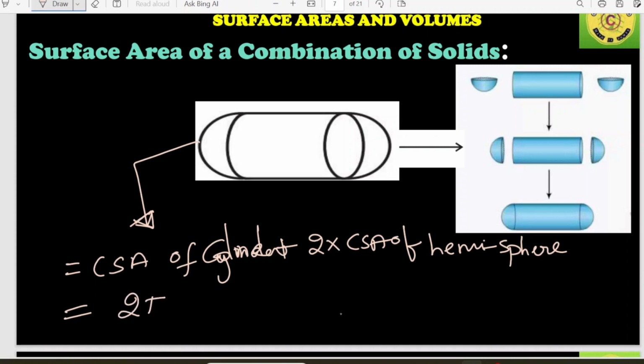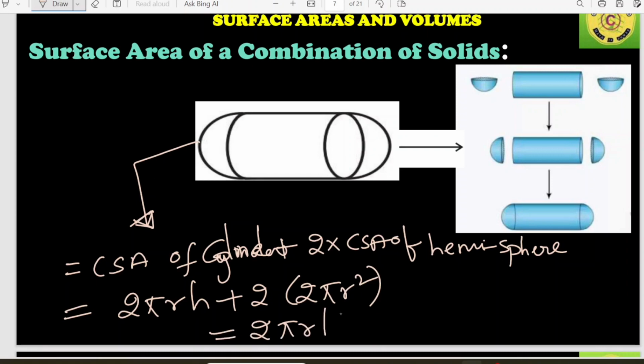So it is 2 pi r h plus 2 times 2 pi r square. So we'll get 2 pi r h plus 4 pi r square. We can take 2 pi r common and substitute the values given in the problem. We'll get the answer.